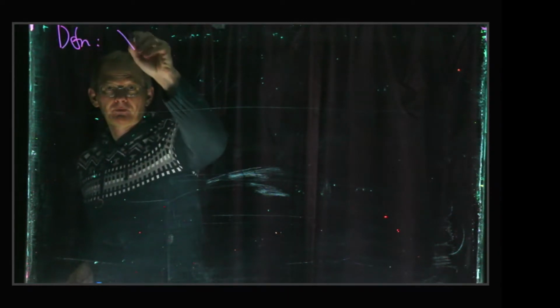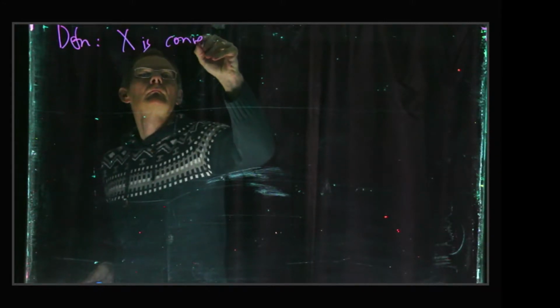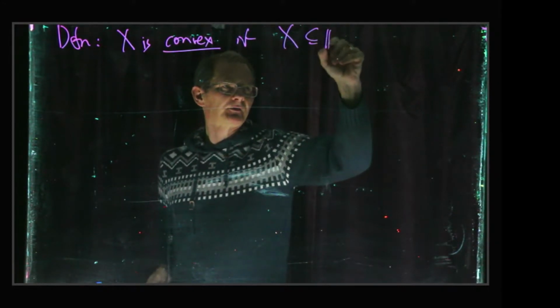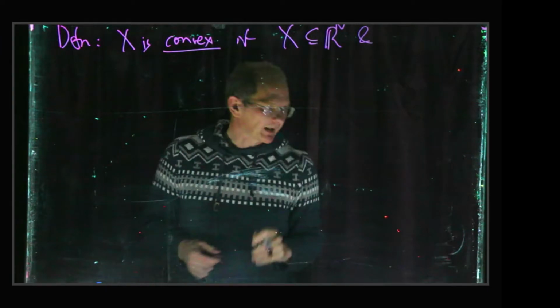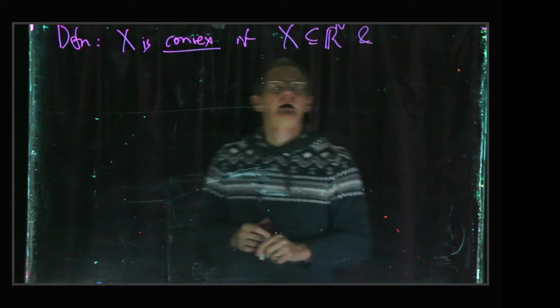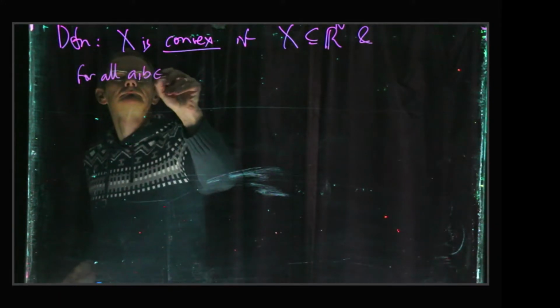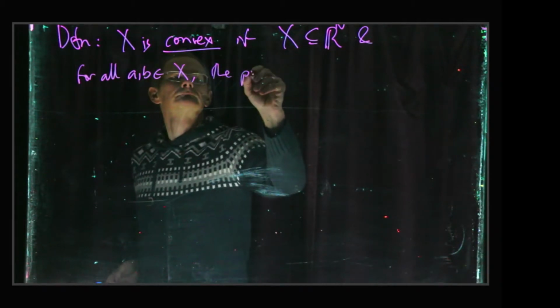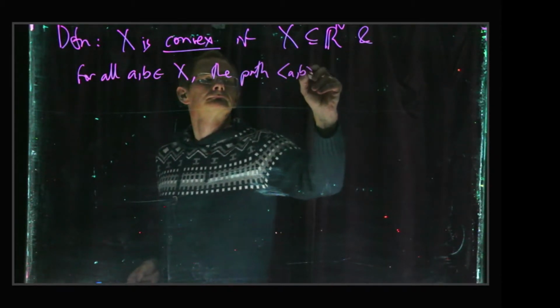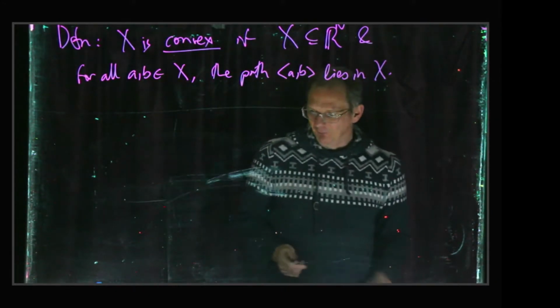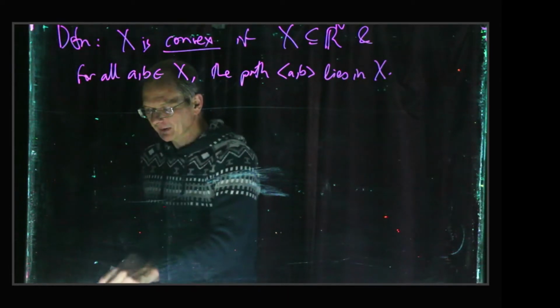The very simplest case is as follows. X is convex. This only makes sense if X is contained in R^n or something like that. And for every pair of points, the straight line path between them lies within the space.